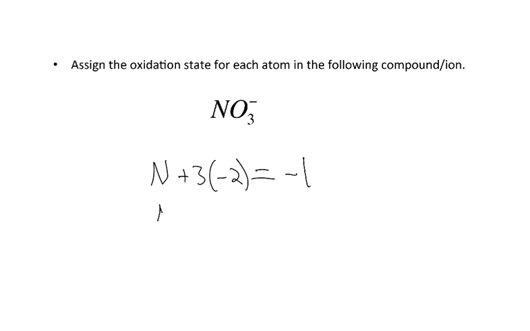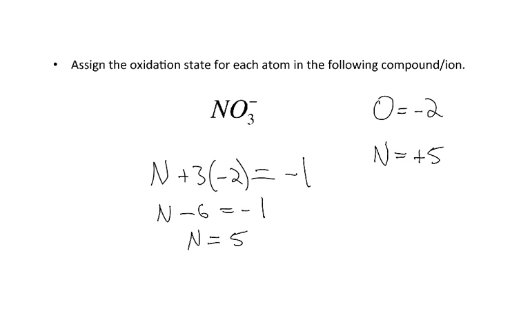So for the nitrogen that I'm solving for, I've got 3 times -2 is -6. All right, so now I'll add 6 to both sides. So -1 plus 6 is +5. So the oxidation states: oxygen has a -2 oxidation state, and the nitrogen has a +5 oxidation state.